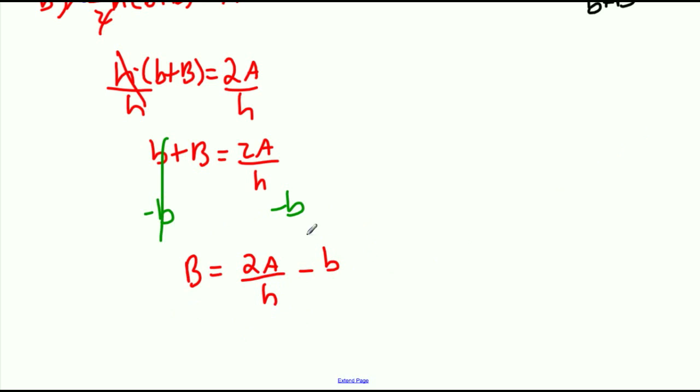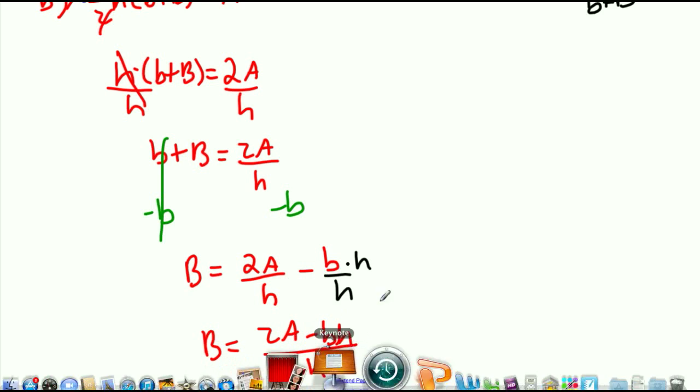Now this answer is fine. If you did want to combine these two together, meaning have a common denominator, you can do that by multiplying this one top and bottom by h, and by doing that, your final answer can be 2A minus bh all over a common denominator of h.